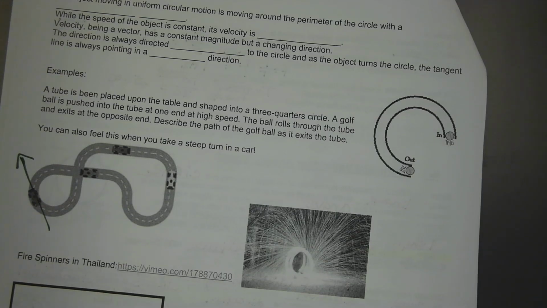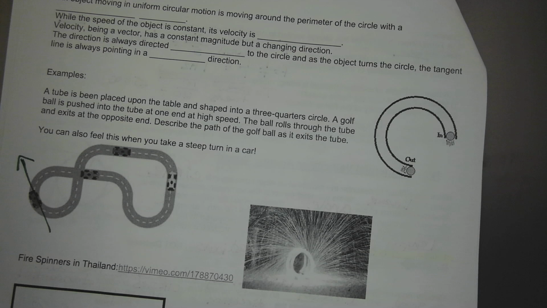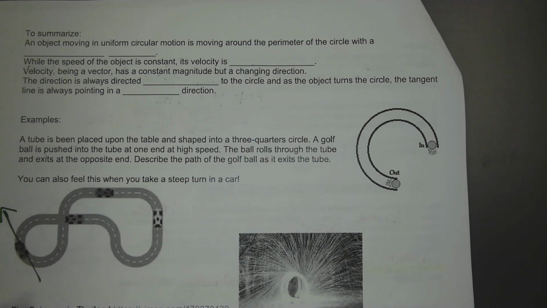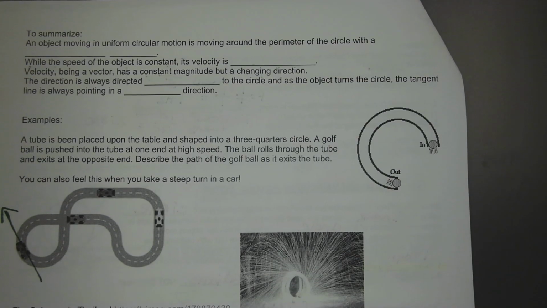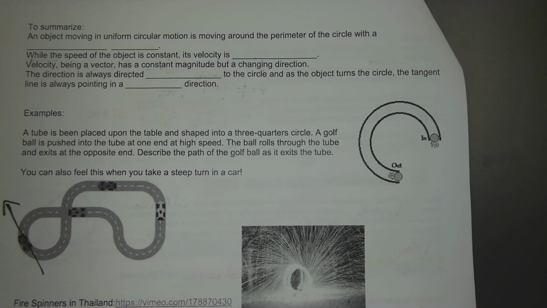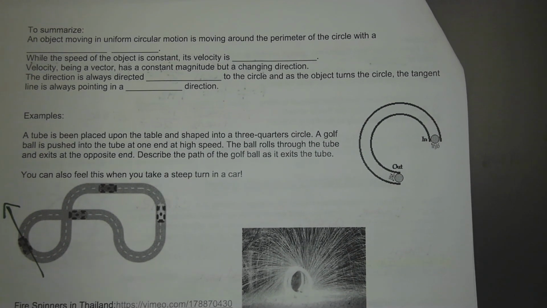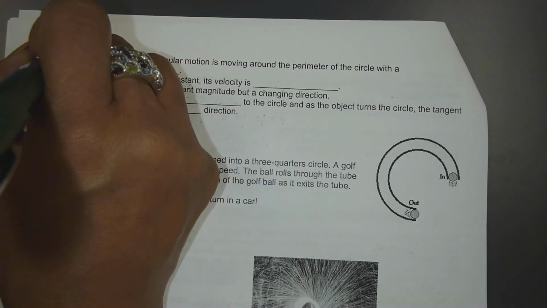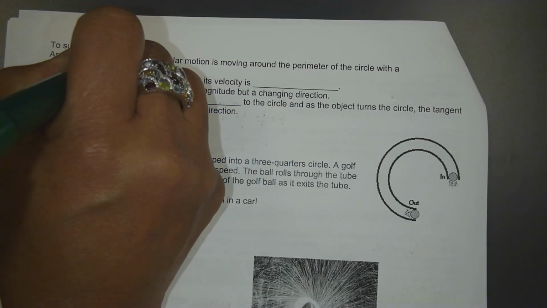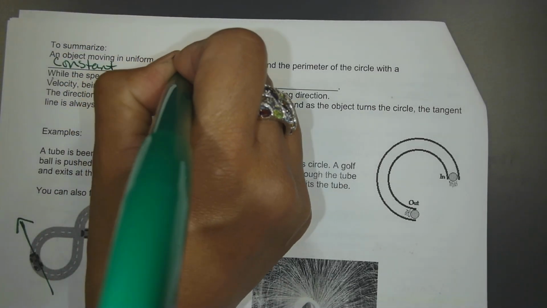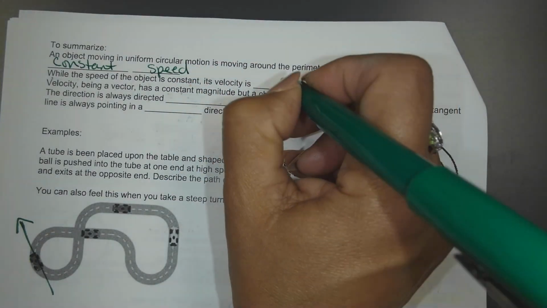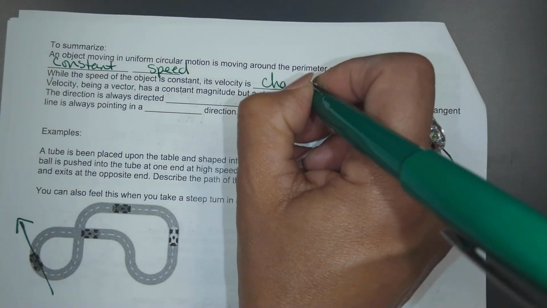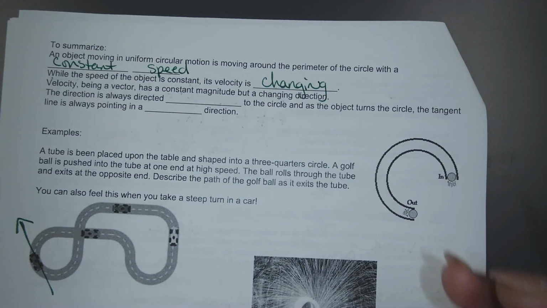Pretty easy cheesy. So over here it says, to summarize everything from the previous page, an object moving in a uniform circular motion is moving around the perimeter of the circle with a constant speed. And the velocity is continuously changing at every single point or location.